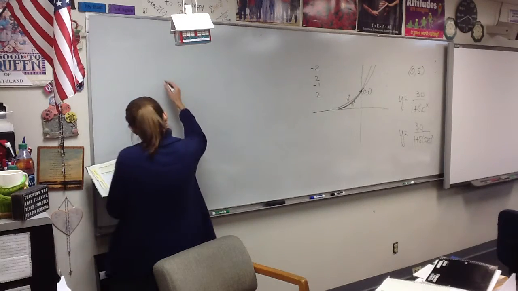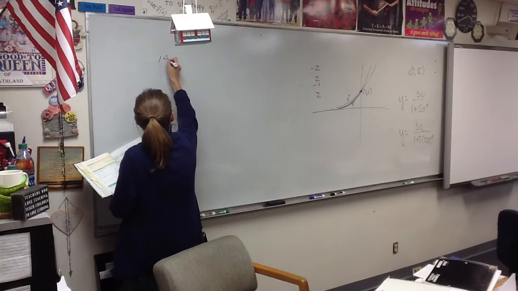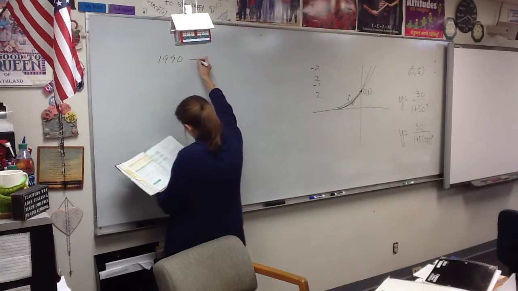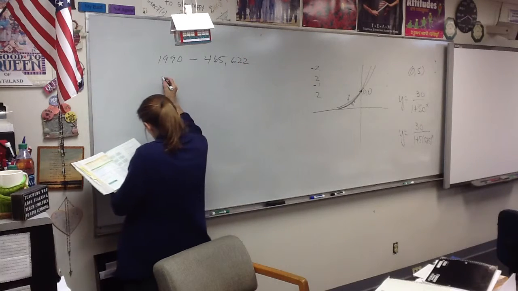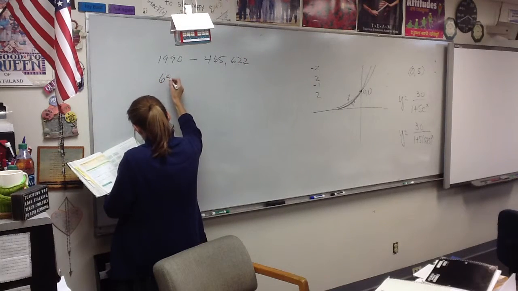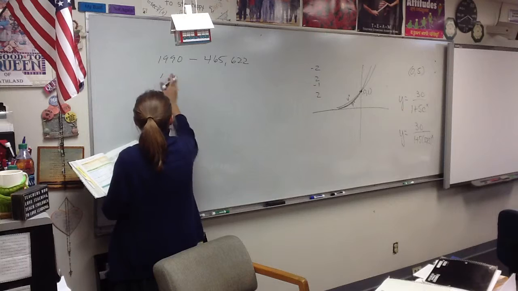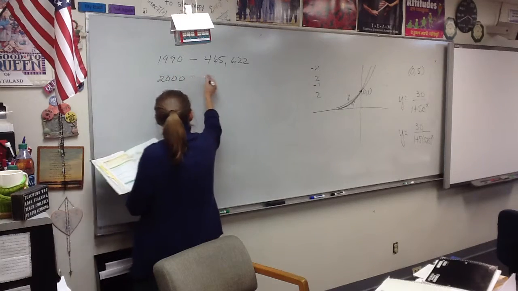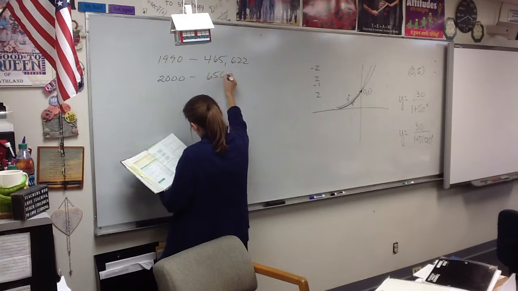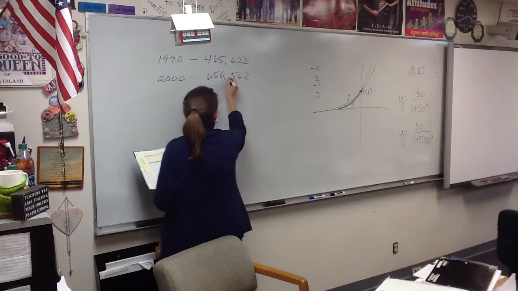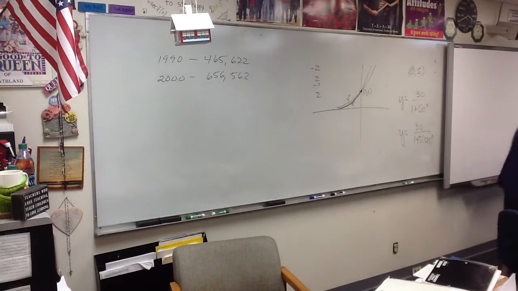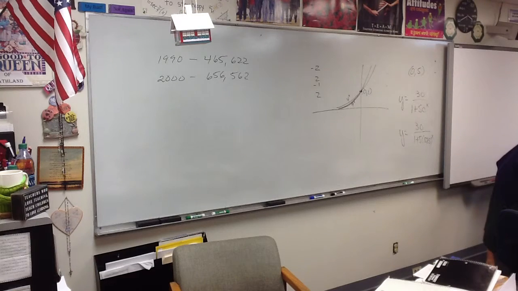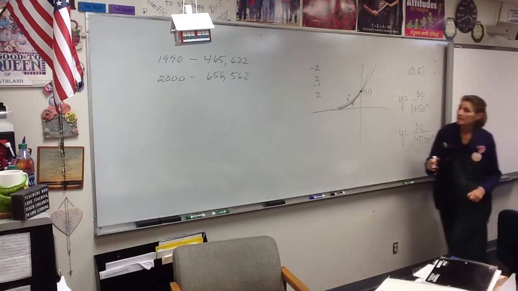We know that in 1990, it was 465,622. And in 2000, it was 656,562. And we want to know when it's going to be more than 800,000.